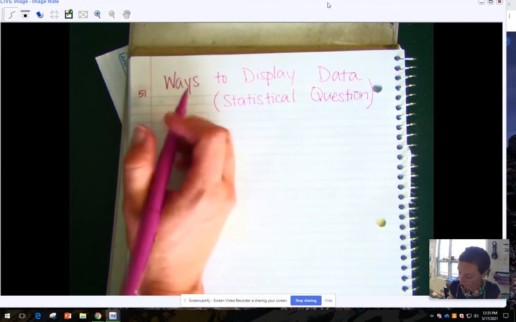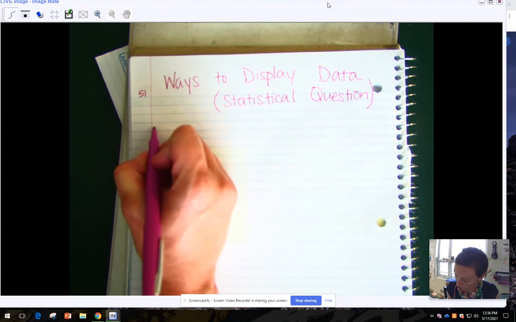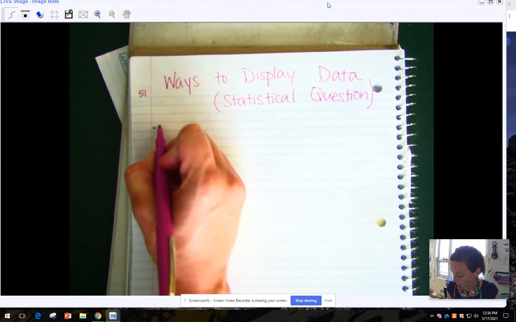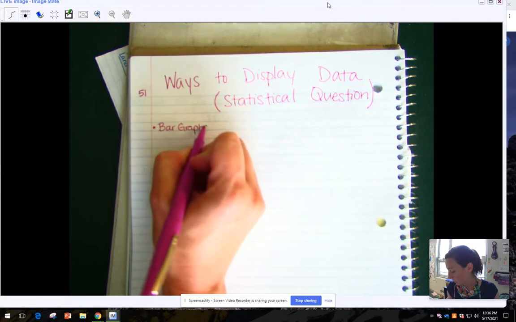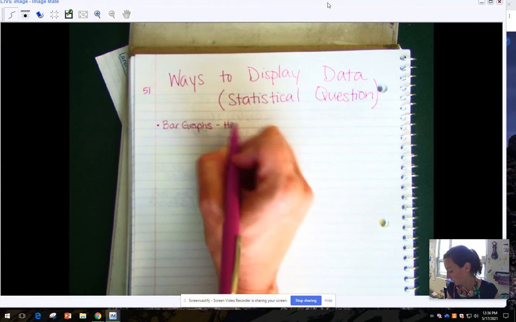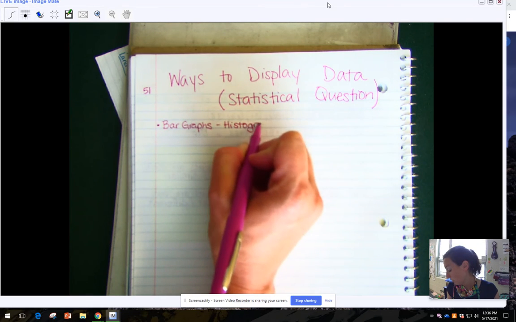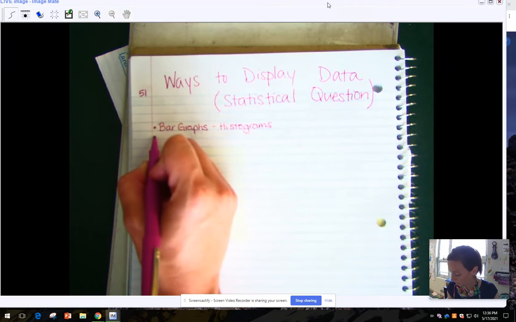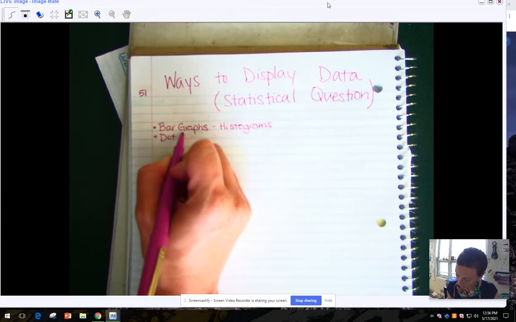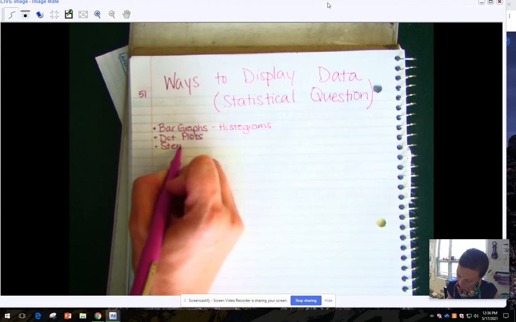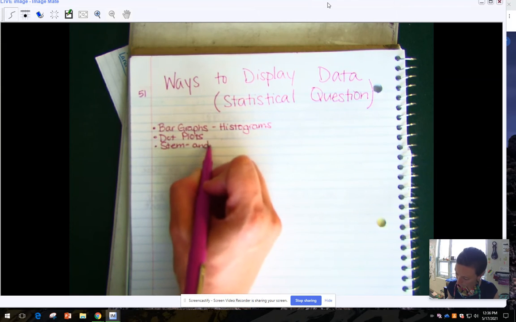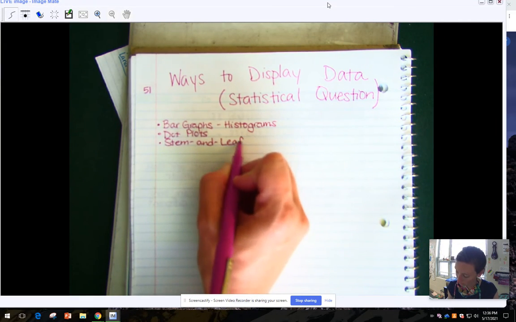So we've talked about a bunch of ways. We've looked at bar graphs and in particular histograms, which we're going to get to later. We've looked at dot plots, stem and leaf plots. That was what we did with the bobsled team.